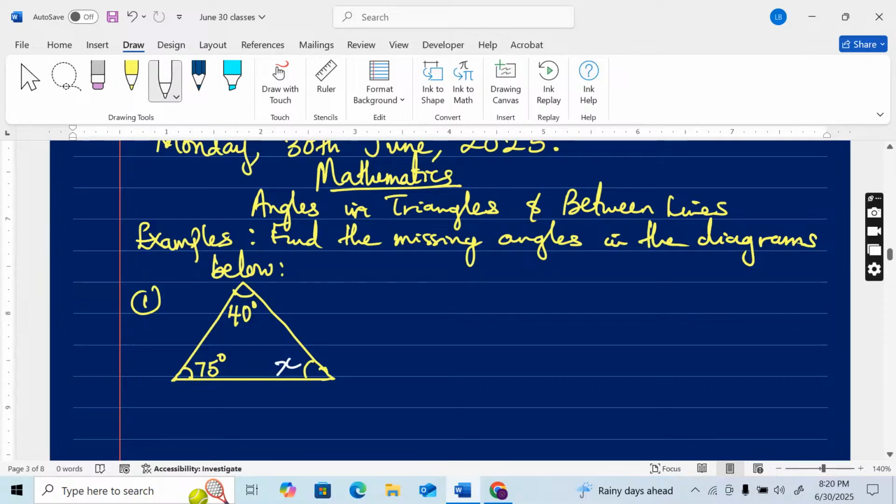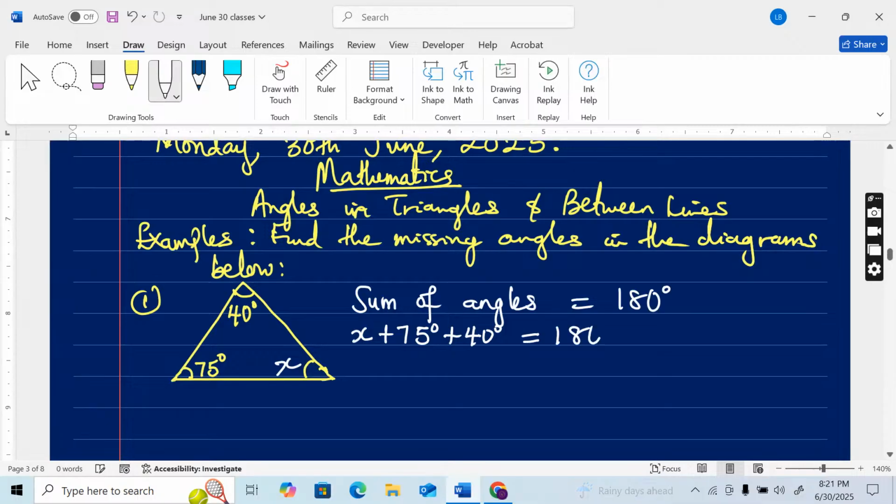In this case, you always have to use the formula which says sum of angles in a triangle is equal to 180 degrees. So we add up the angles to give us 180 degrees. That will be X plus 75 degrees plus 40 degrees equals 180 degrees.